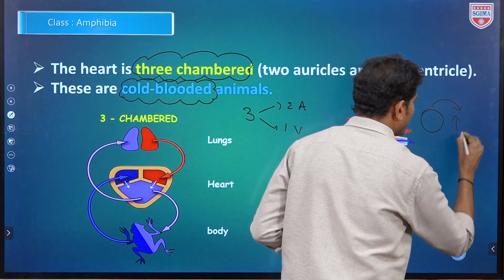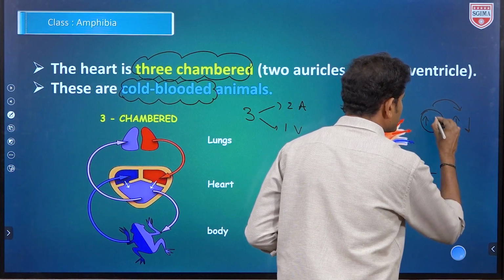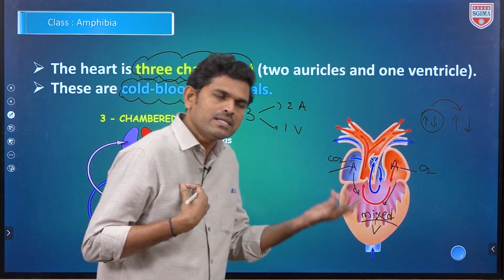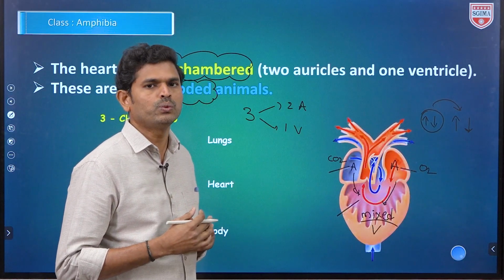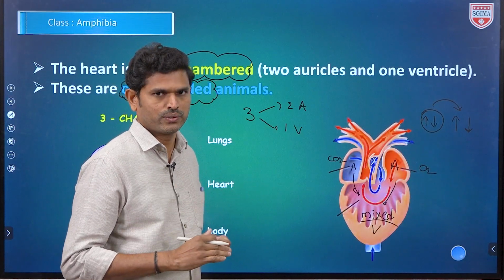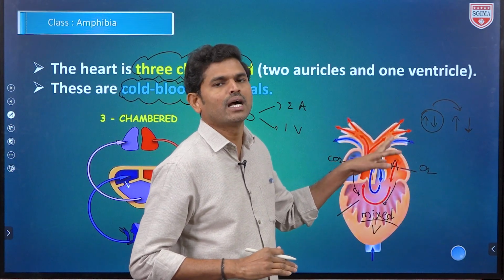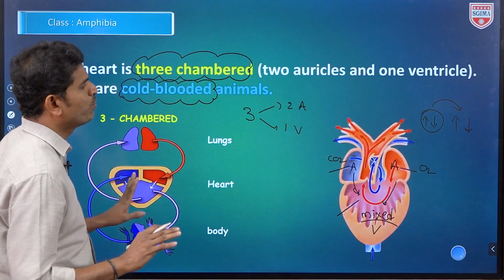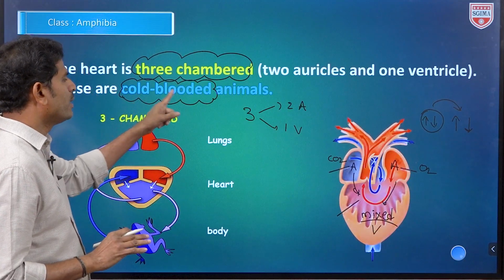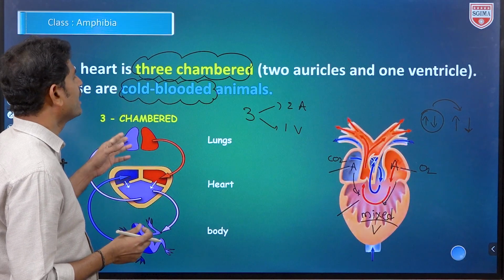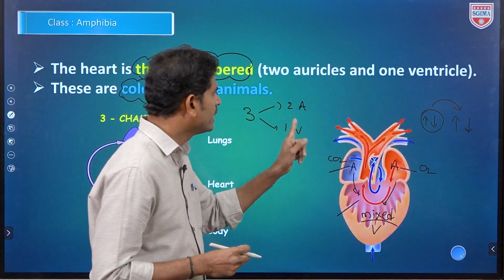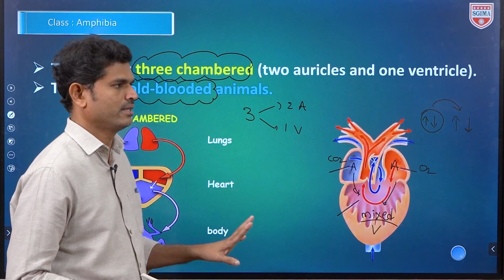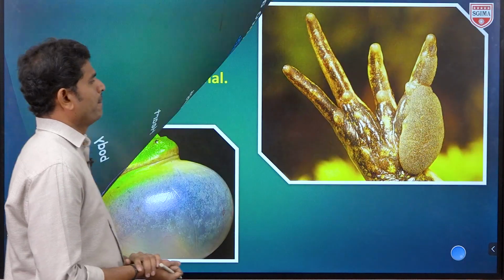Whether the temperature increases or decreases, based on that the body temperature also increases and decreases. The organism depends on the surrounding environment to decide its body temperature. That's why these are called ectothermic organisms. The outside environment decides its body temperature. So these 2 points are important: one is cold-blooded, ectothermic organisms, and another is the 3-chambered heart with incomplete double circulation. That's enough. Okay. Next one.